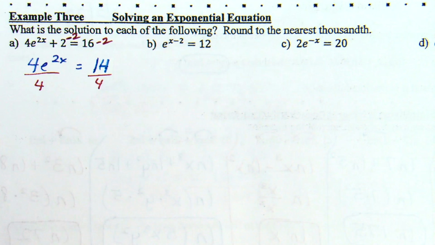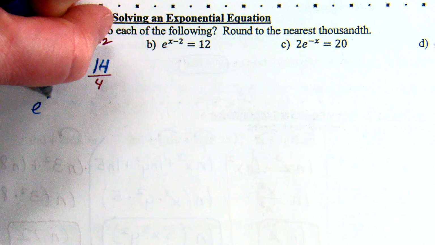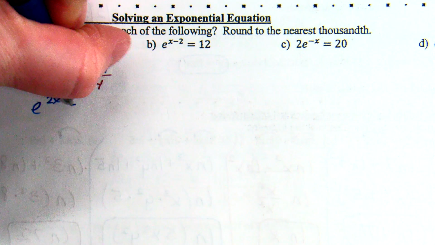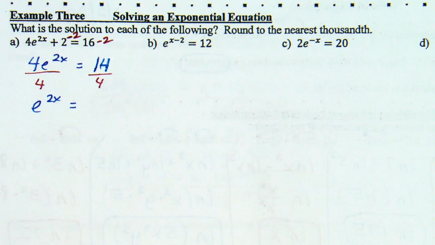So now e to the 2x equals 14 over 4. What's another option? It reduces to 7 over 2, or as a decimal, 3.5. I'm happy with any of them.